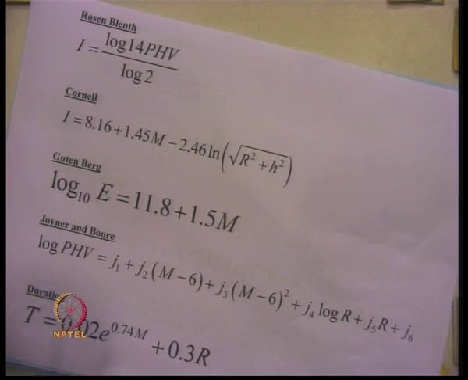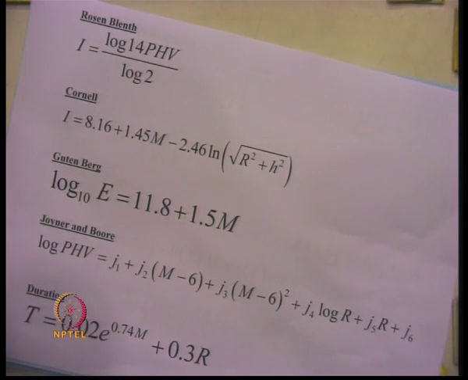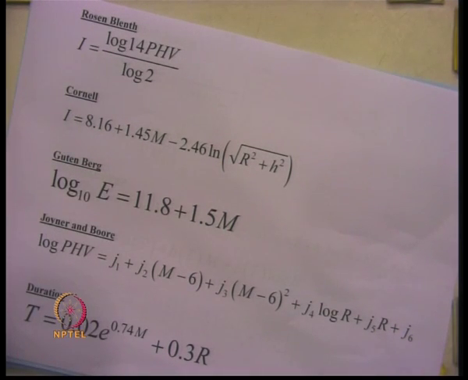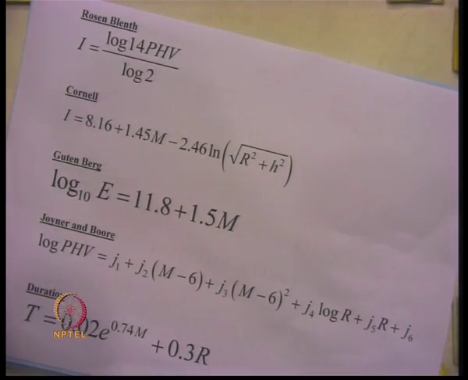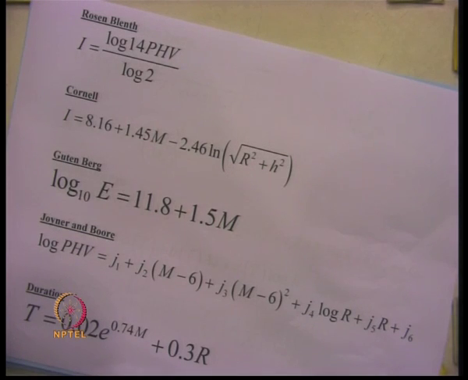Next, there was an attempt to relate the peak horizontal velocity of the ground with the intensity of earthquake. And if you remember, I said that the intensity of earthquake is a subjective measure, whereas PHV is something which we expect that we should be able to measure, but this subjective quantity has been used to find out a quantity which can be measured.